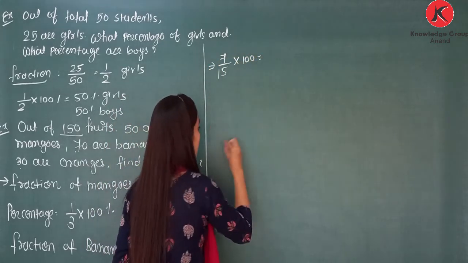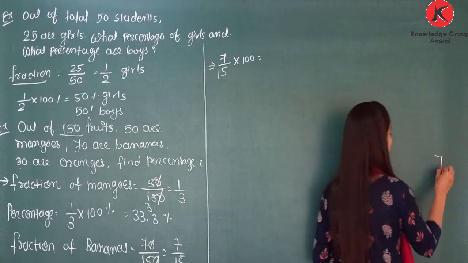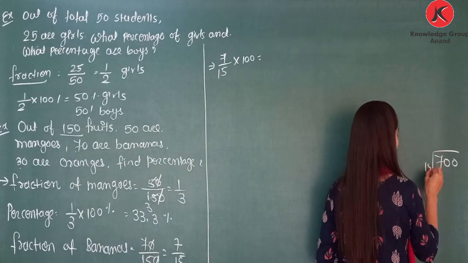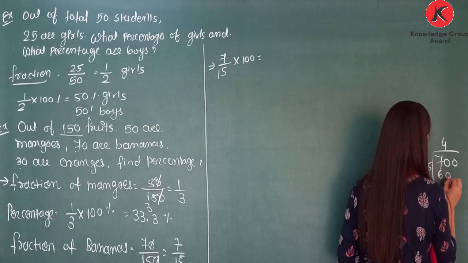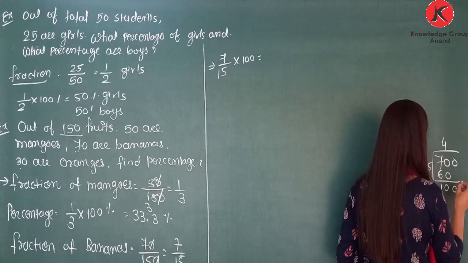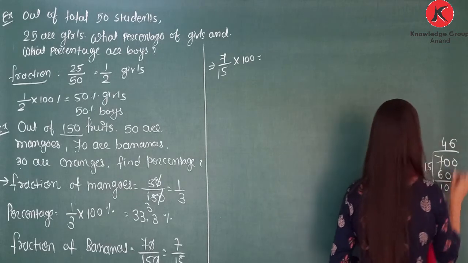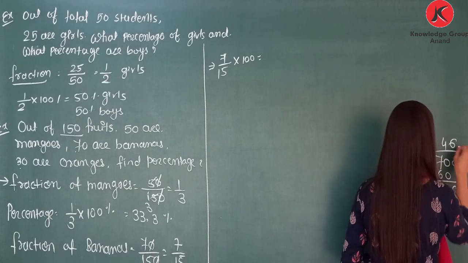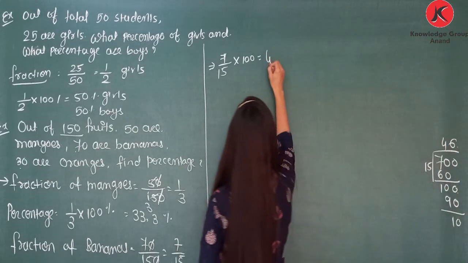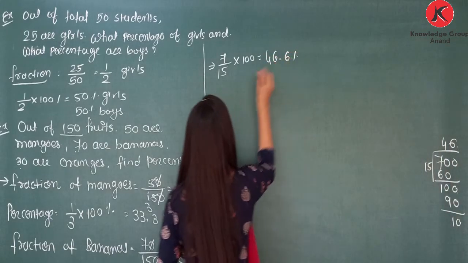So it is 700 by 15. Divide 700 by 15. So it is 46.6%.